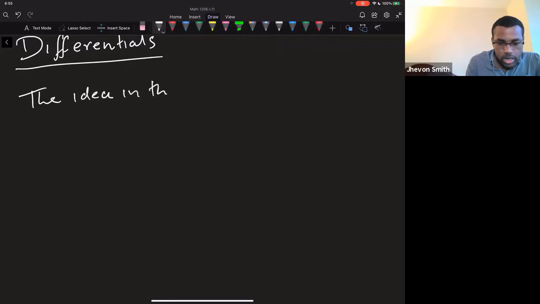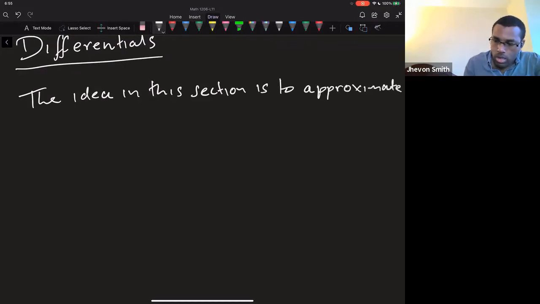The idea in this section is to approximate functions using a straight line.